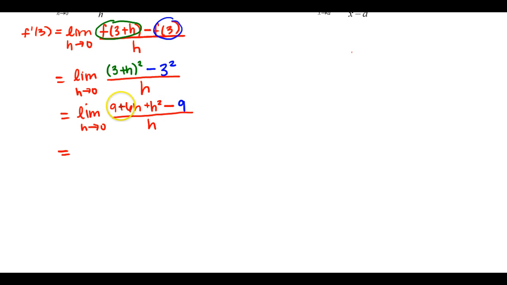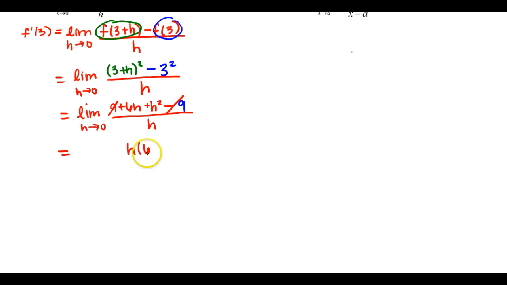So now notice that the 9 is going to cancel with the minus 9. In the numerator I have 6h plus h squared, and in the denominator I have h. So I want to get rid of the h on the bottom, so I'm going to factor an h out of the numerator.